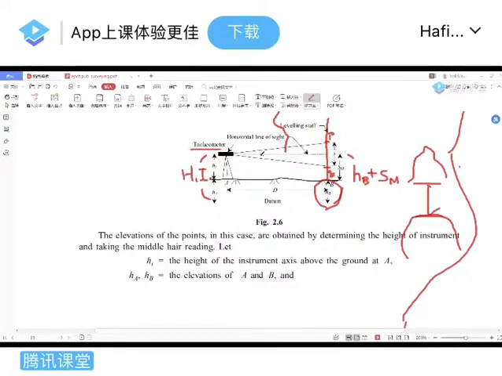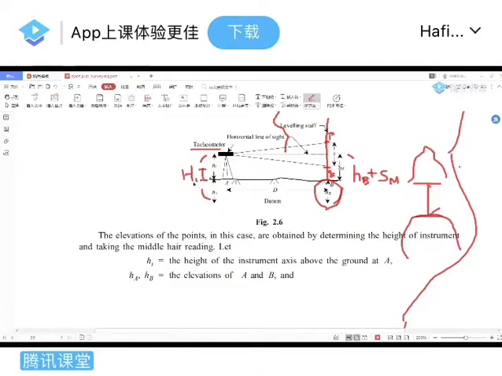S is already known, and half S is also known. So SM is also known, this is also a known number, and this is also a known number. So HB can also be calculated.